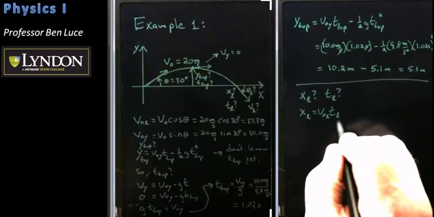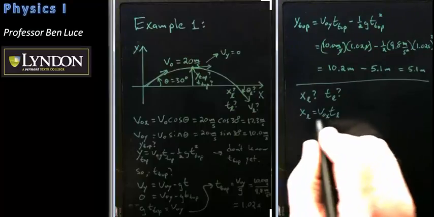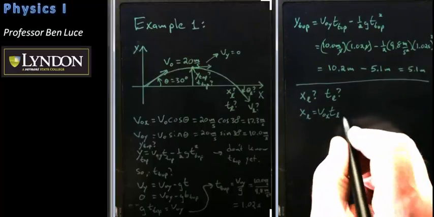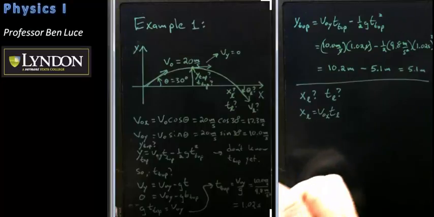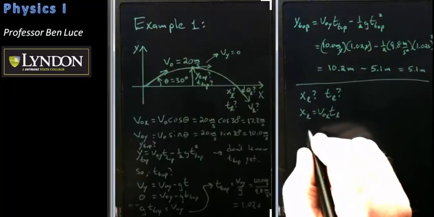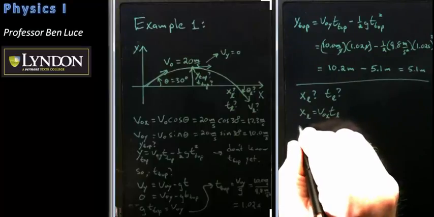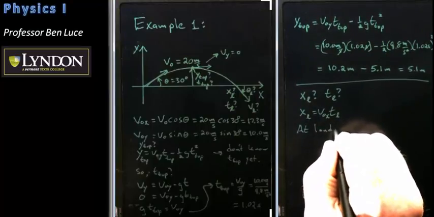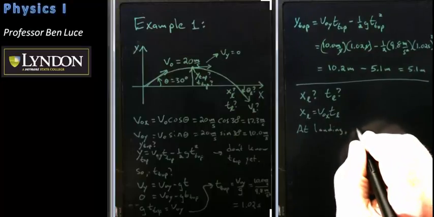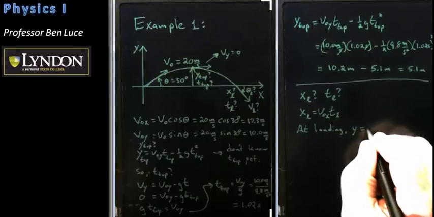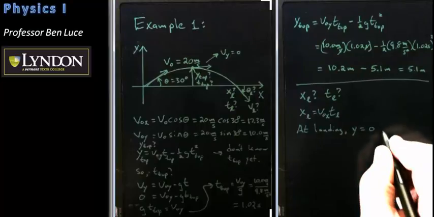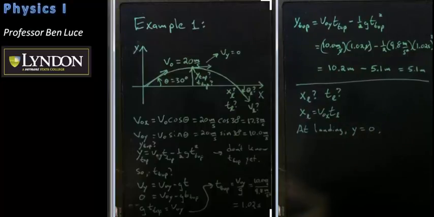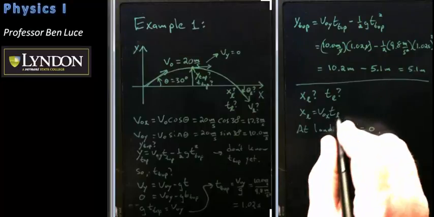But note that we don't know TL yet, so we can't quite compute x yet. We need to seek TL first. So how do we get TL? Well, we can note the following. At landing, y equals 0. So, in fact, we can use the y equation, if we'd like, to find t land.